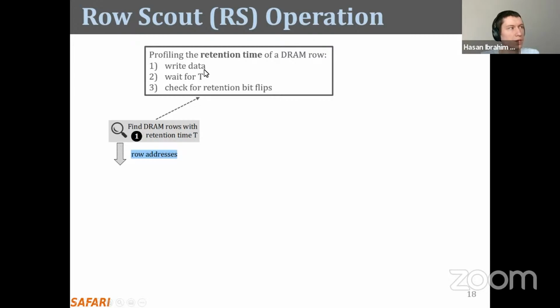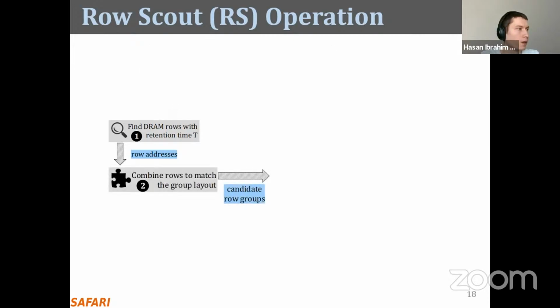We write some known data, such as all ones or all zeros, into the rows. We just wait for the time interval T without refreshing these rows and check for retention failures. If there are any bit flips, we mark these rows as rows that cannot retain their data correctly for time interval T.